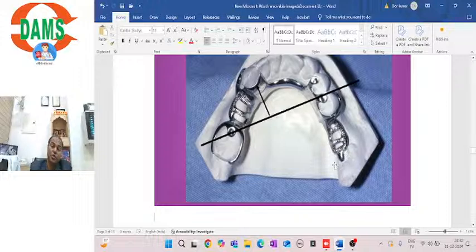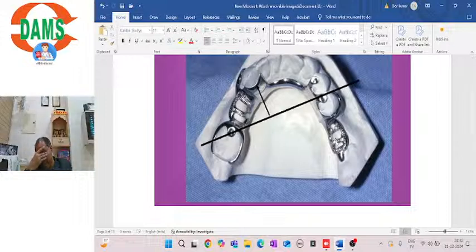So this is a tissue stop in the framework of the distal extension cases. When we are packing, this tissue stop will be contacting the ridge, and while packing the acrylic goes from the top and also from within, so there are chances of distortion. So to avoid distortion, we give a tissue stop.